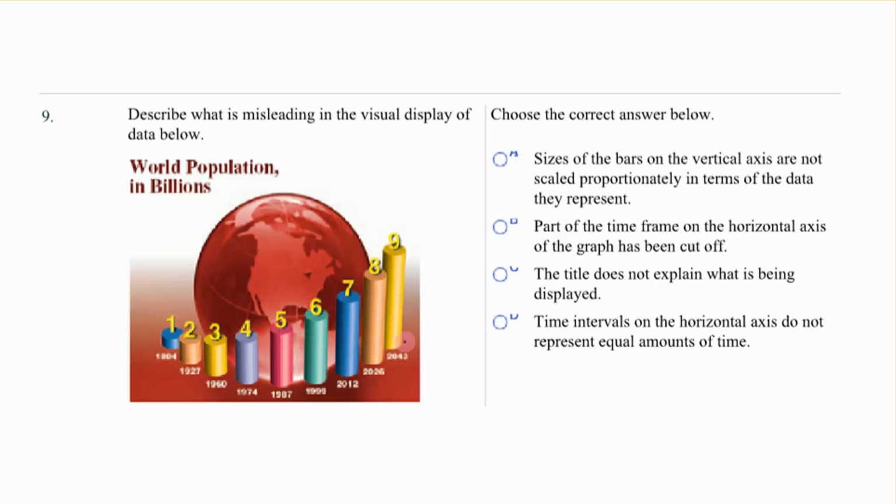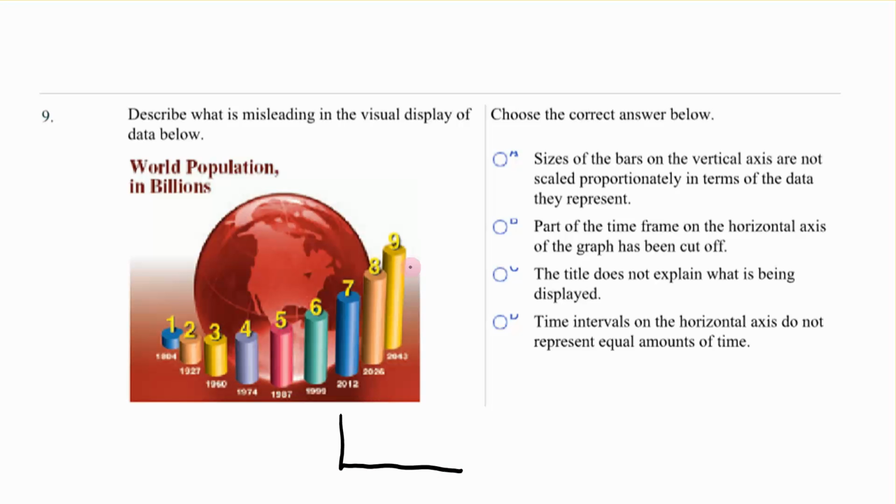All right. What is misleading about these? Okay, so in the year 1904, there was 1 billion. And in 1927, 2 billion. 1960, 3 billion. All right, now this is not on your traditional x-axis, y-axis.